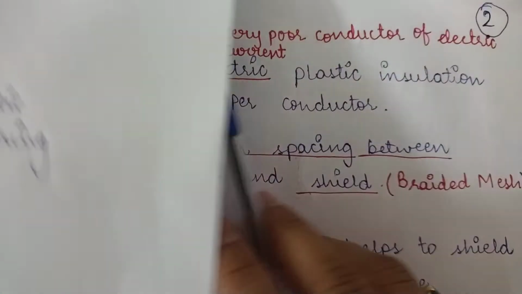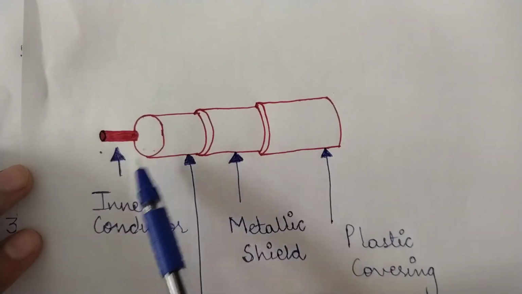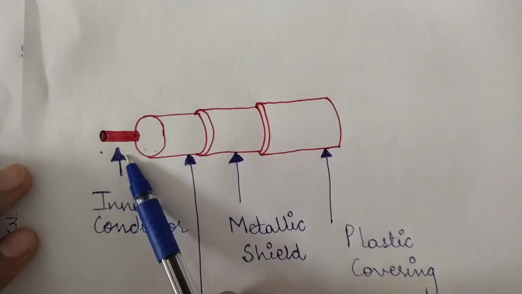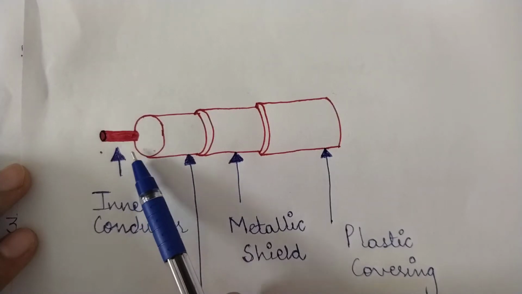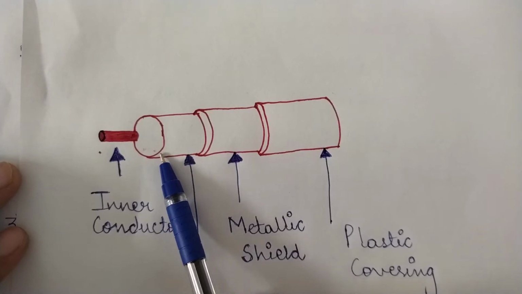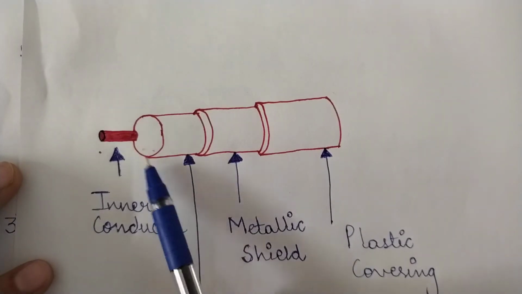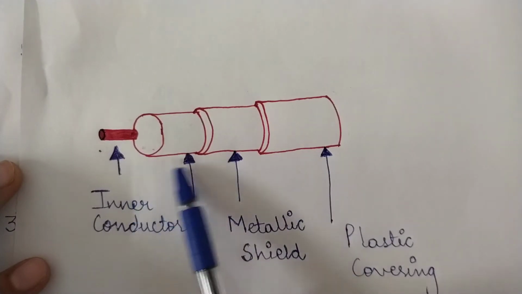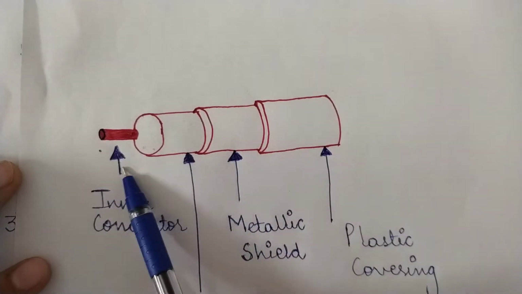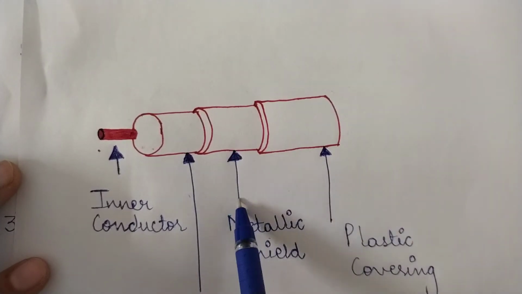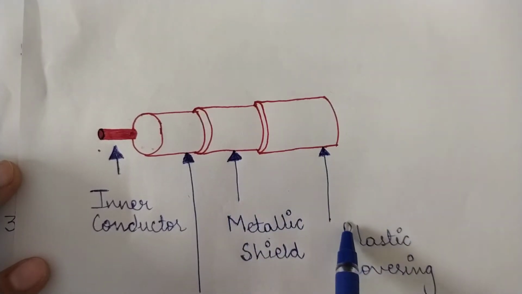So if I show you the diagram in its simplest form: the previous diagram which I just showed you was to help you distinguish between the different layerings that the coaxial cable consists of. And this diagram will help you understand in its simplicity what task each layer is doing. Right, the inner conductor, the insulator, the metallic shield or the braided conductor, the protective plastic covering.